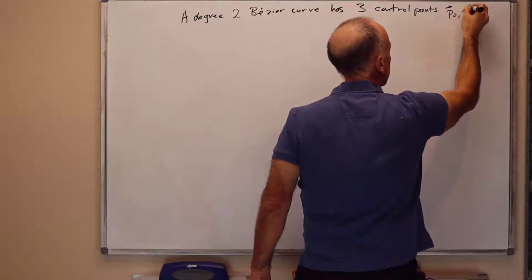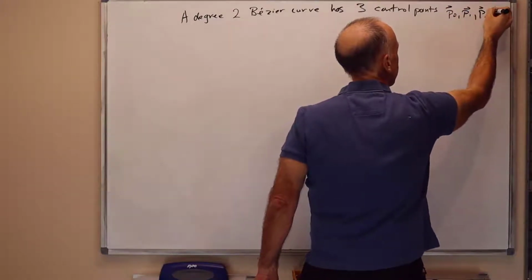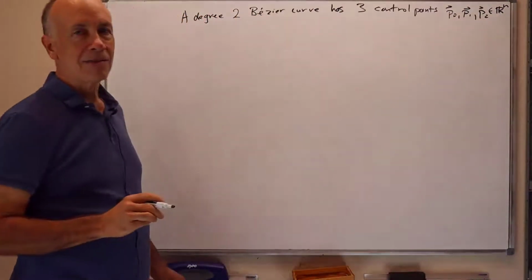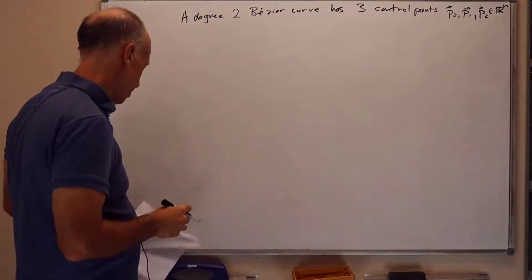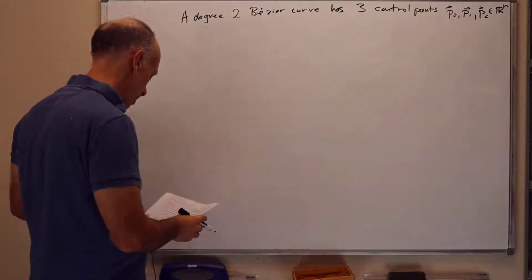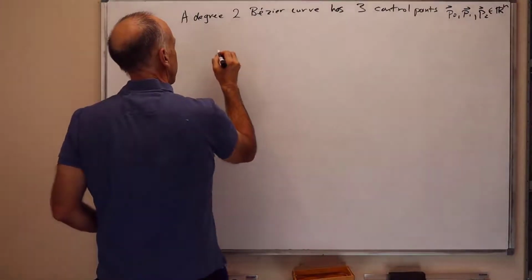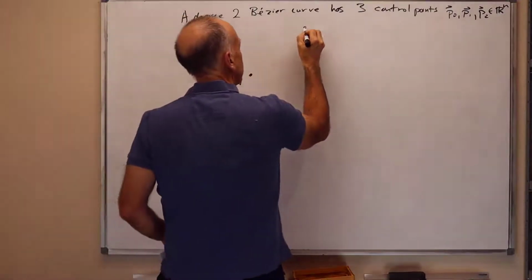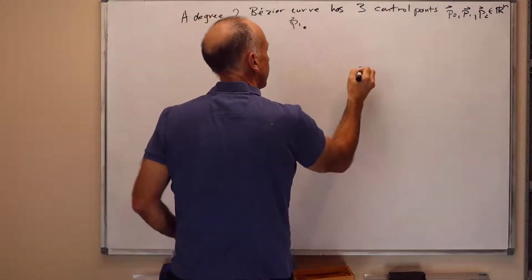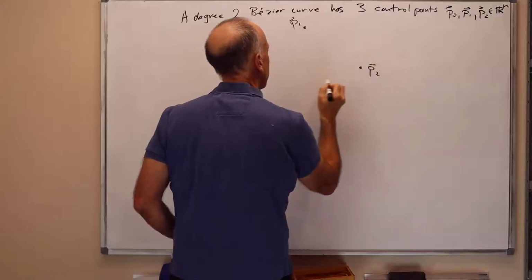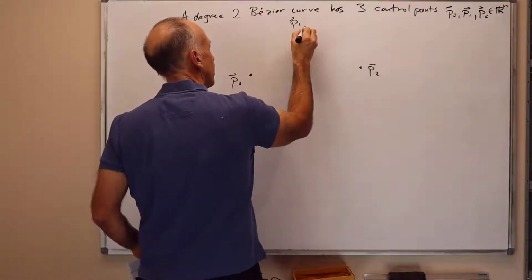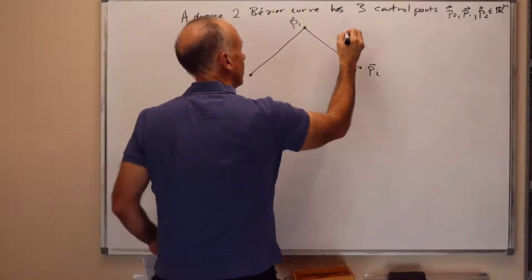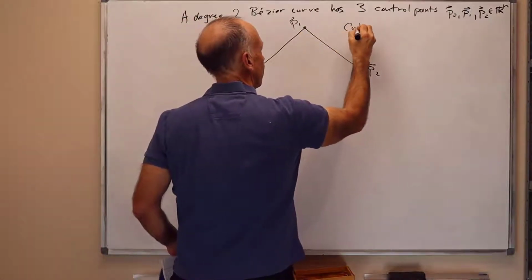Again, they're members of some space Rn, where n is greater than or equal to 1. It makes a lot of sense even to talk about curves in R1 because they're useful for lots of things. And the picture is something like the following. We've got 3 points, P0, P1, and P2. And if we join them by straight line segments, these straight line segments are called the control polygon.